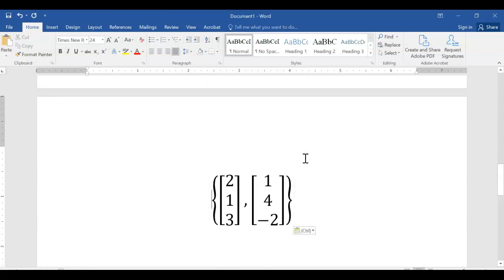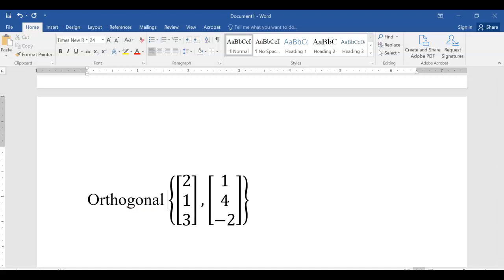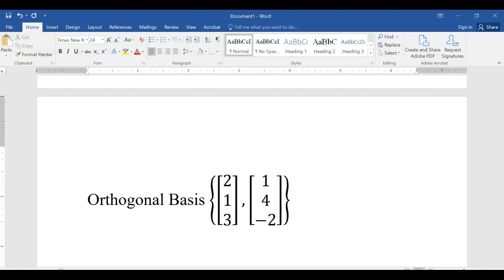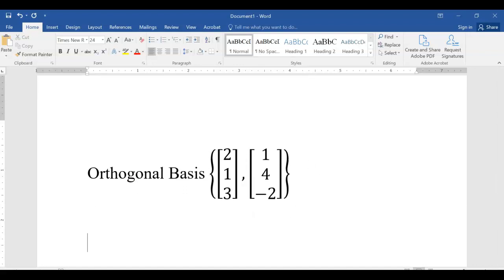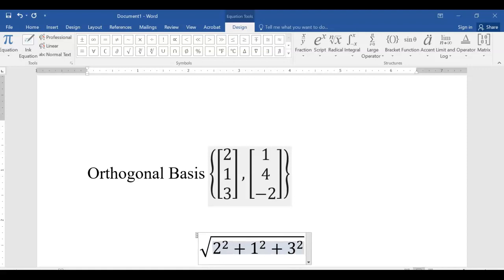So we have this as our orthogonal basis. We want to make it an orthonormal basis. So I'm going to take (2, 1, 3) and say, well, the length of (2, 1, 3) is going to be the square root of 2 squared plus 1 squared plus 3 squared.